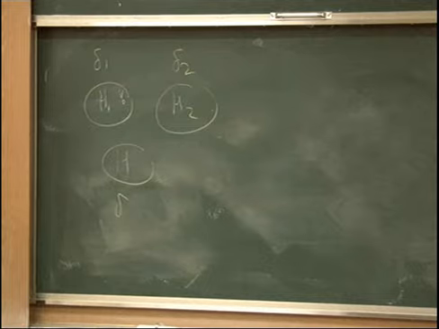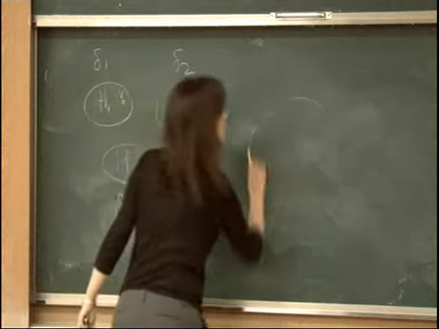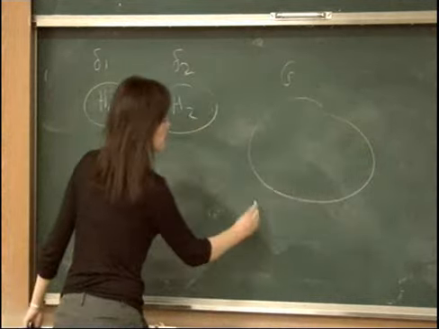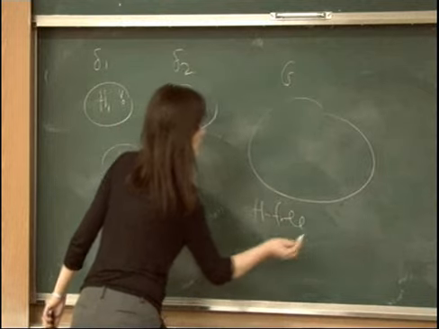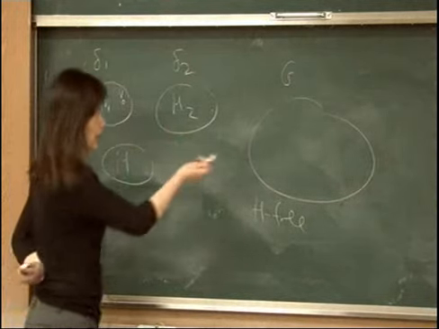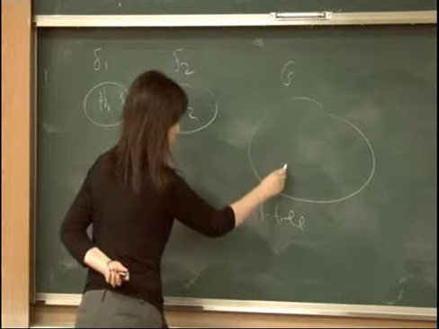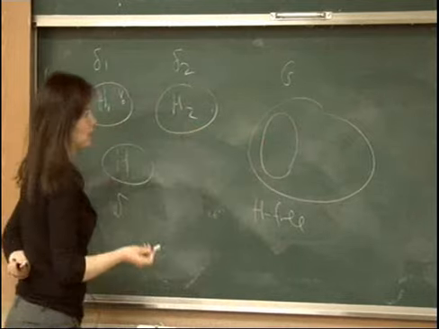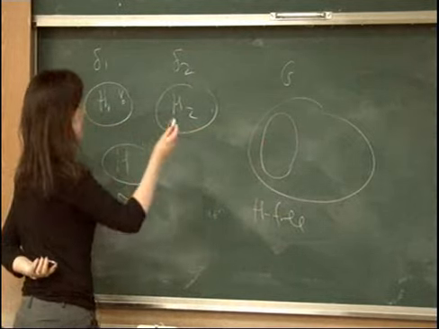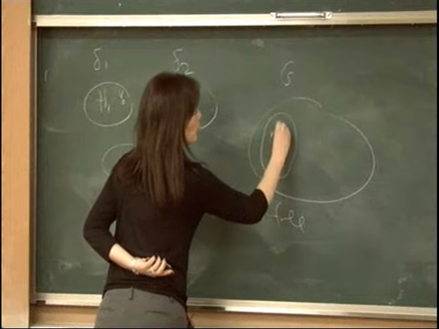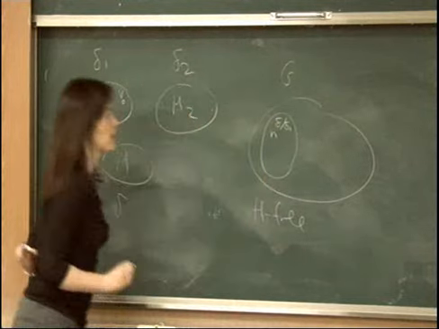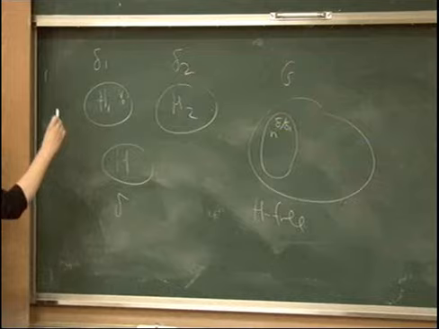Well, here's my big graph G, and it's H-free. But I can assume that if I take a relatively big subset of G, relatively big meaning n to the delta over delta 1, then it contains a copy of H1. Why?